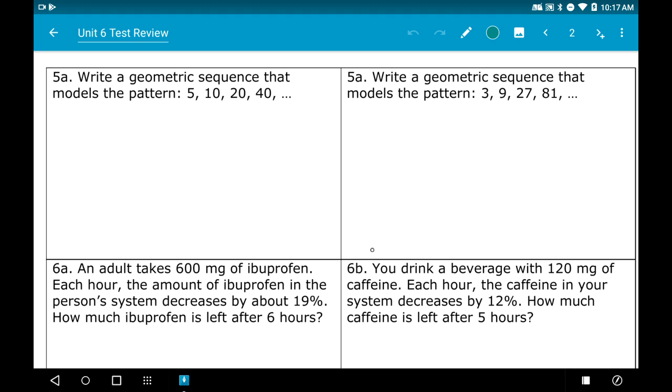Okay, 5a wants us to do geometric sequences. So remember our equation for those is going to be a sub n equals a sub 0 times r to the power of n. So we need to figure out what a sub 0 is, our 0 term, and what r is, our common ratio.